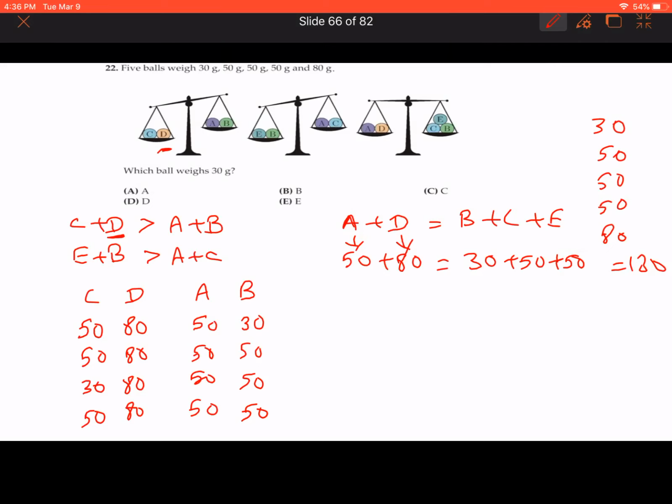50 plus 80 is more, and this is also more. This is also going to be more, and this is also going to be more.